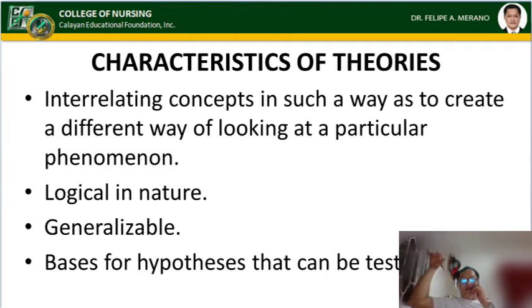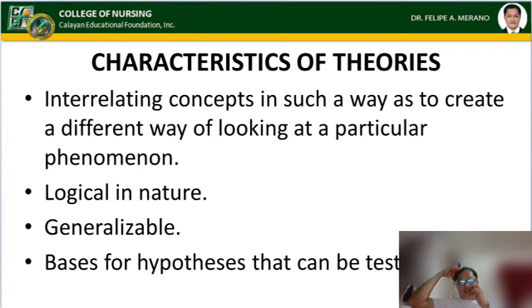It must be logical in nature, generalizable, and a basis for hypotheses that can be tested. For example, if you have one phenomenon that you want to study, the purpose must be logical: why you need to better understand those concepts you want to know, related to different theories.